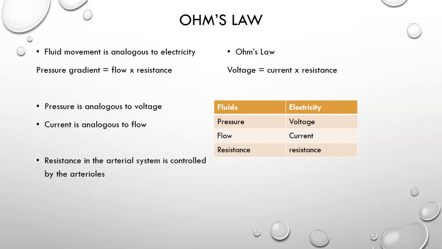So fluid movement is very analogous to electricity. There is a pressure gradient in both electricity and fluid movement. In electricity we call that pressure gradient voltage. In electricity we call flow current, and resistance is just simply resistance. So we end up with Ohm's law, which is voltage equals the current times the resistance.